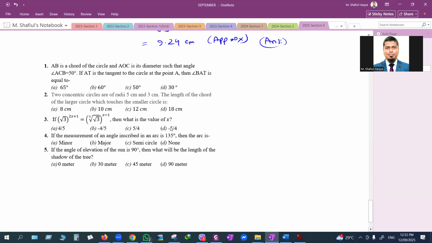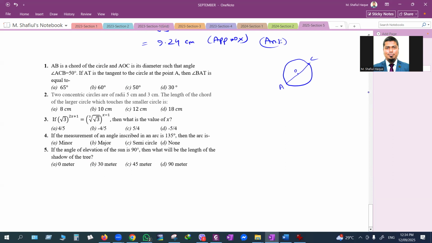It is written that AOC is the diameter of the circle, and AB is a chord. Then you need to draw a circle, and AOC is the diameter.